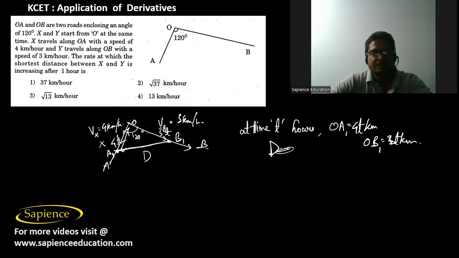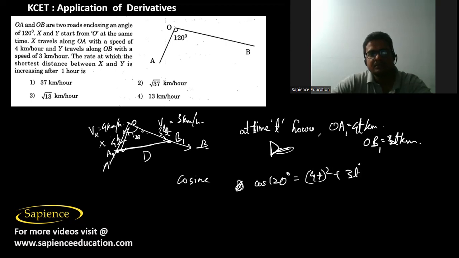So then D will be how much? If we apply the triangle law, meaning the cosine rule in case of a triangle, then we can say that cos 120 will be equal to (4t square plus 3t square minus d square) by (2 into 4t into 3t).